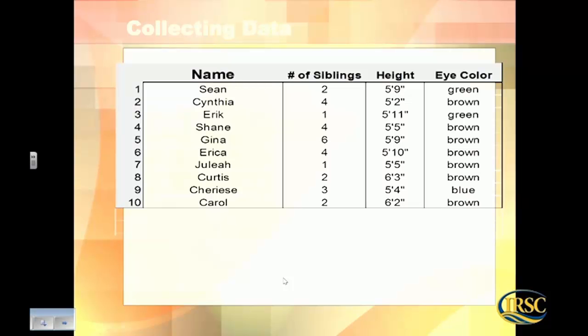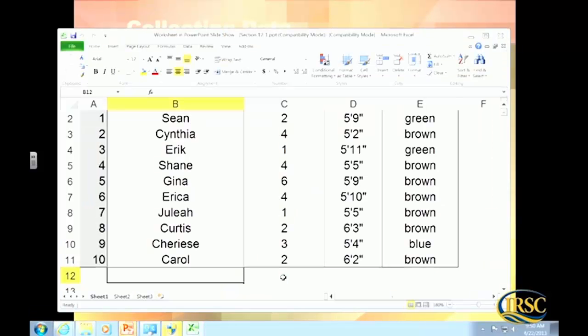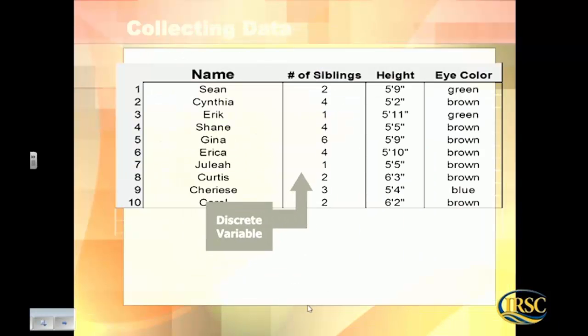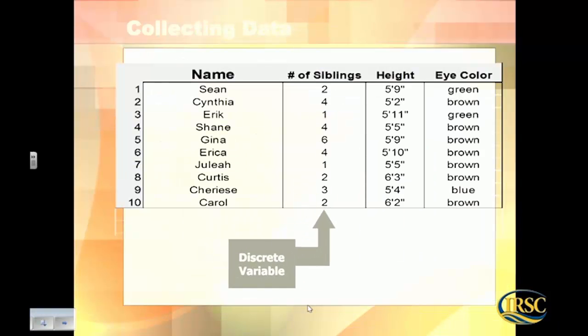All right, so we collected 3 different items, and so these were 3 different kinds of variables that we collected. Raise your hand if you can tell me specifically what the first one was. What type of variable was that? It's the discrete variable. Good. Okay, so the first one was a discrete variable.